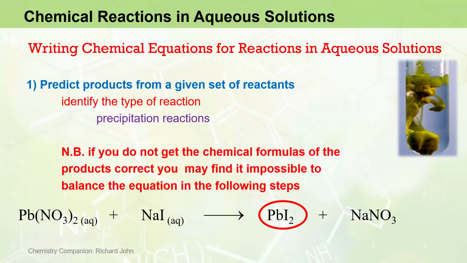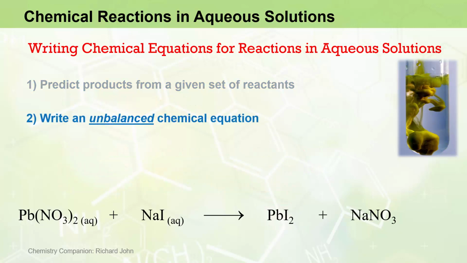It is really important to point out that if you do not get the chemical formulas of the products correct at this stage, you may very well find it impossible to balance the chemical equation in the following steps.